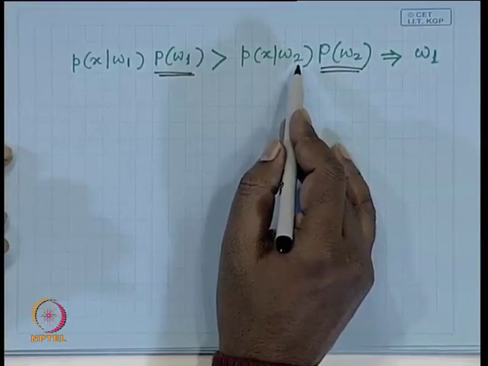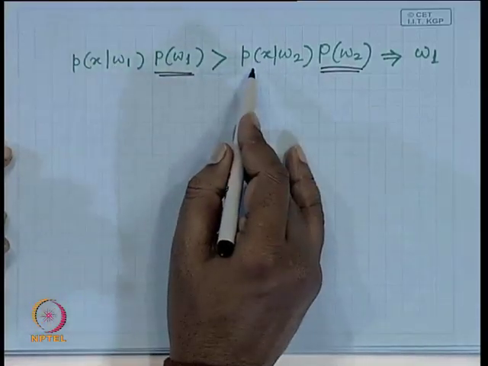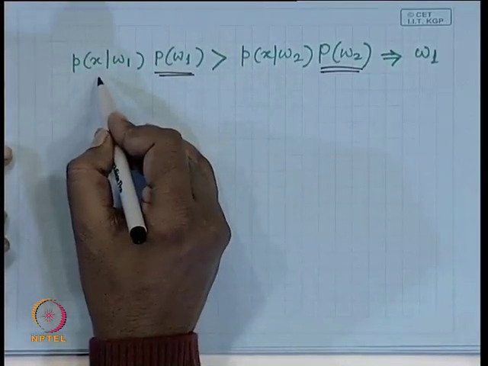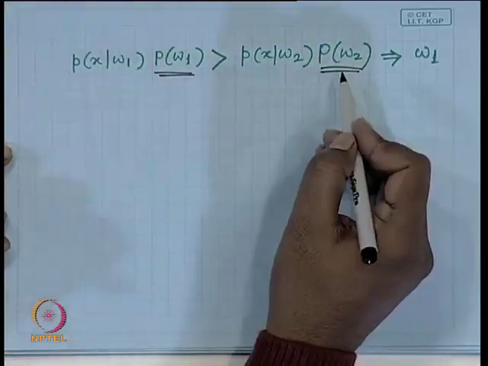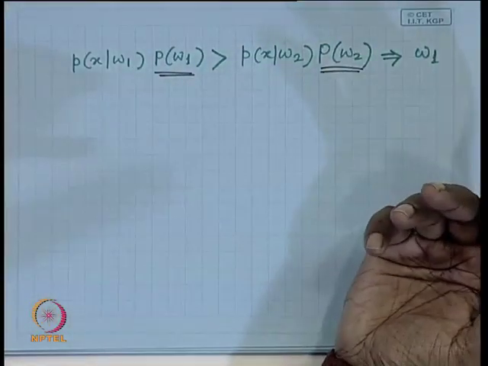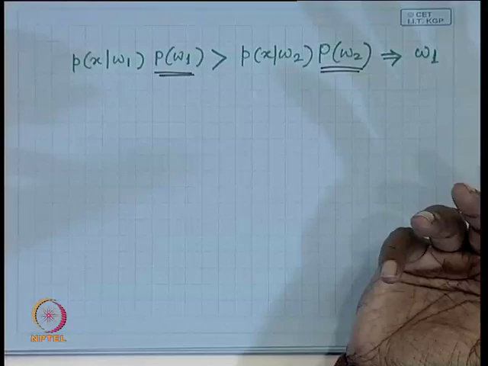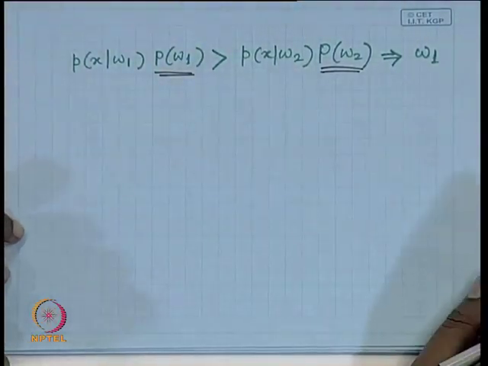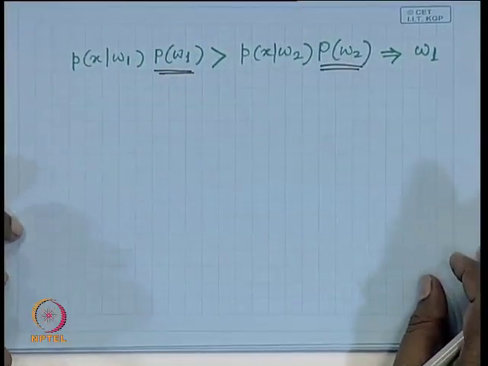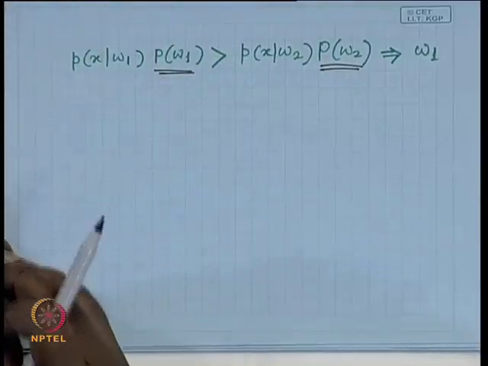Whereas, if for a given x, belonging to class omega 1 or class omega 2 are equal, then my decision is based on the a priori probabilities P of omega 1 and P of omega 2. So, if I cannot take a decision based on the observation, I make use of a priori probability. If I cannot take a decision based on a priori probability, I make use of the observation. In other cases, you consider both to take your decision.